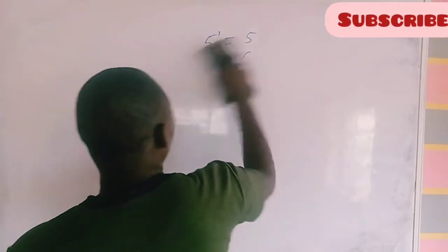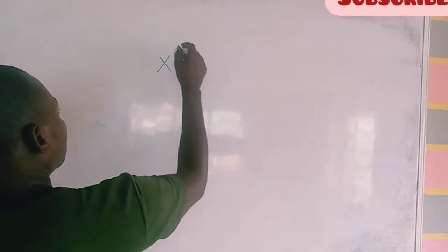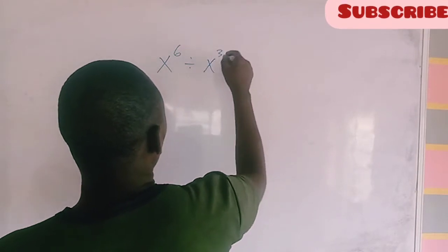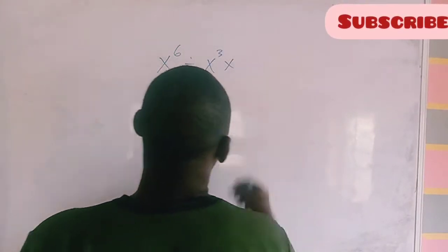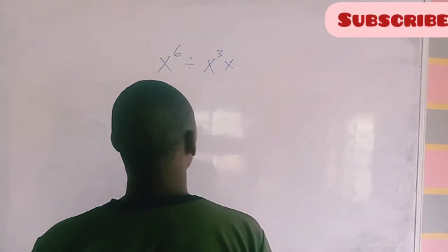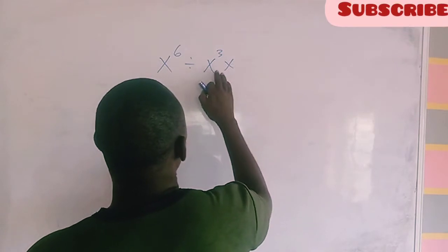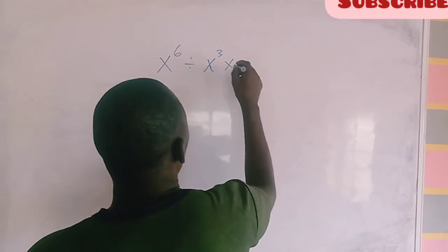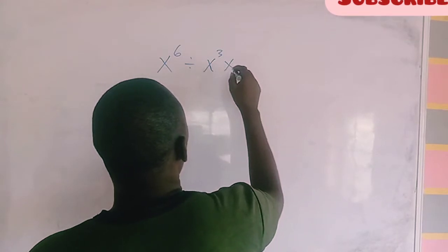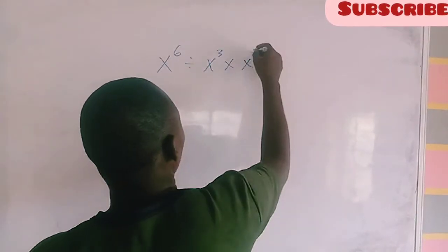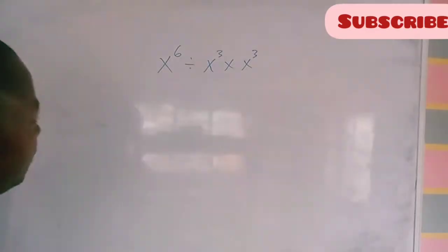Apart from this, we can have it in this way. That's when we have x raised to the power 6 divided by x raised to the power 3 times x raised to the power 3.